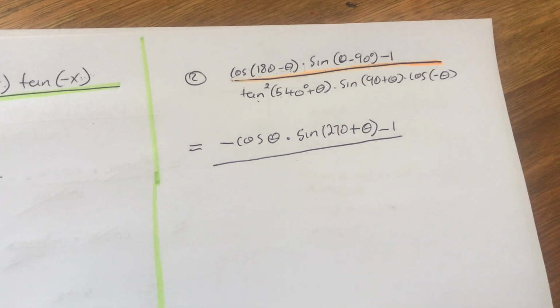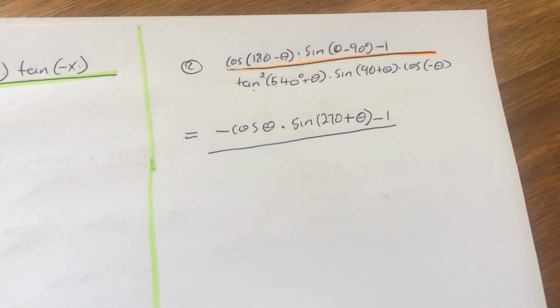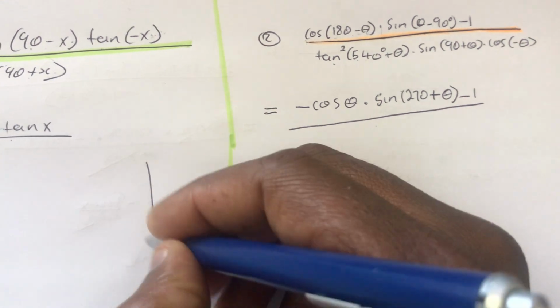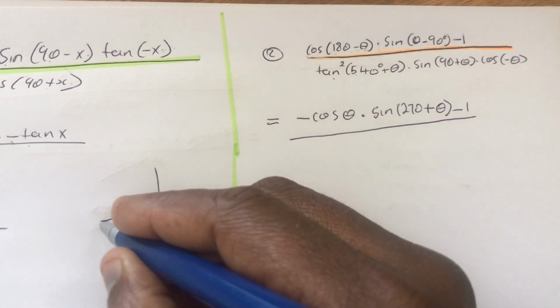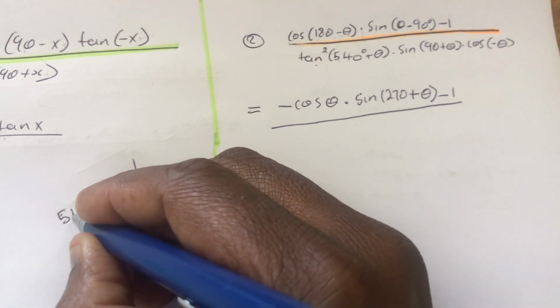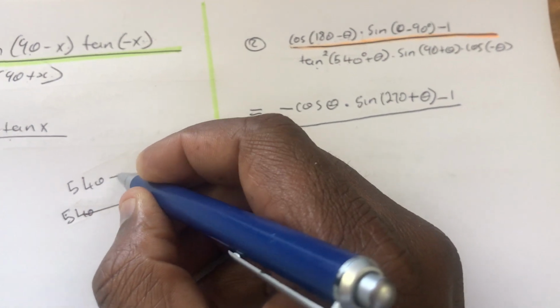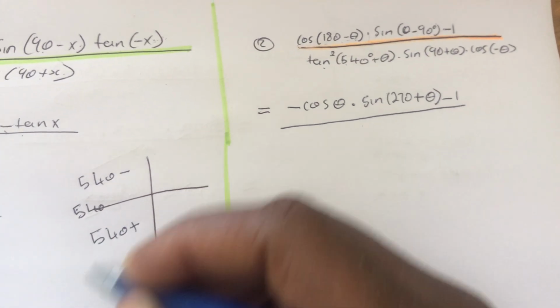So if actually we are to talk about the CAST diagram, you're going to have something like this. Our 540 will be right here, 540. So this will be 540 minus, and this will be 540 plus.